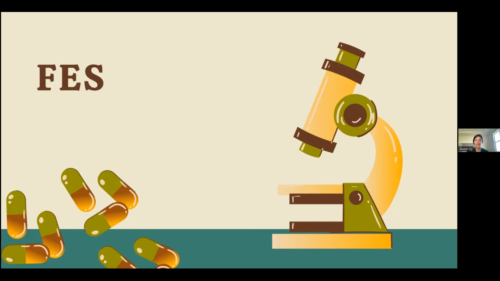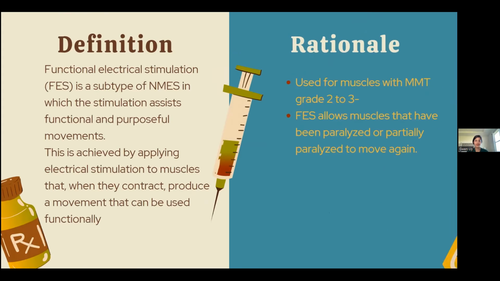Hello, I will be discussing functional electrical stimulation, or FES. FES is a subtype of NMES in which the stimulation assists functional and purposeful movements. This is achieved by applying electrical stimulation to muscles that, when they contract, produce a movement that can be used functionally.